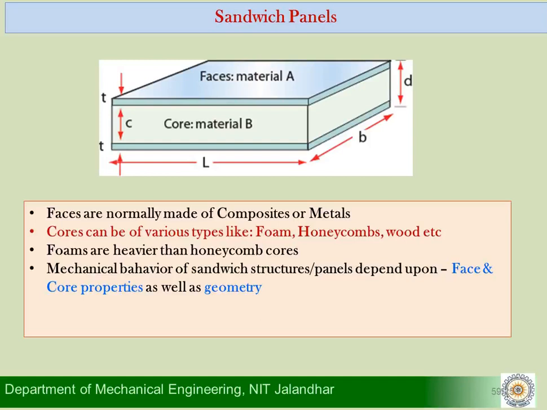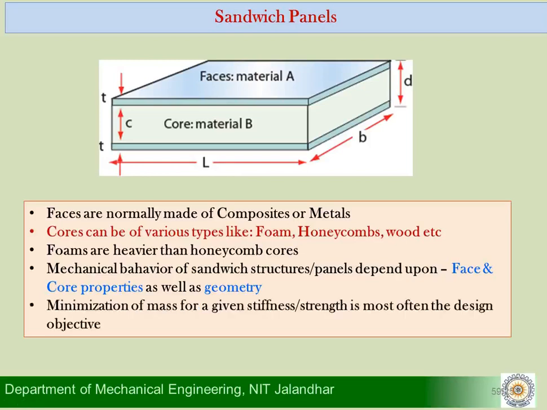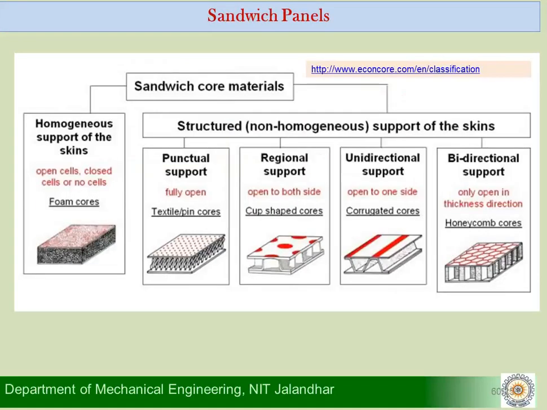What we are trying to say here is that how this sandwich behaves mechanically will depend upon the material of the face, the material of the core, and the geometry, meaning the core thickness and the face thickness, as well as the loading conditions, and whether it is supported as a simply supported beam or a cantilever beam or a different type of beam. Normally, in the discussions on sandwich structures, minimization of the mass for a given strength or stiffness is the basic design objective.